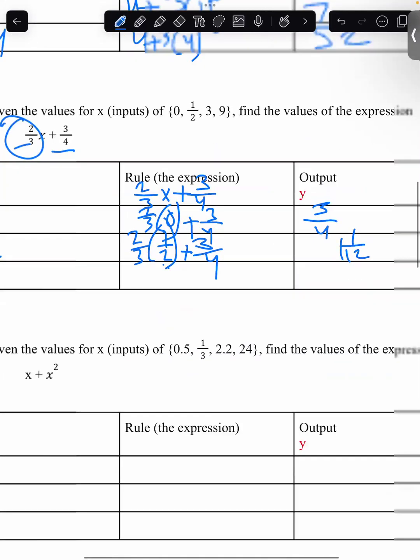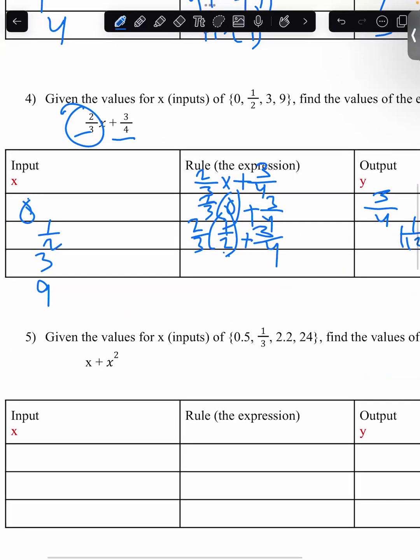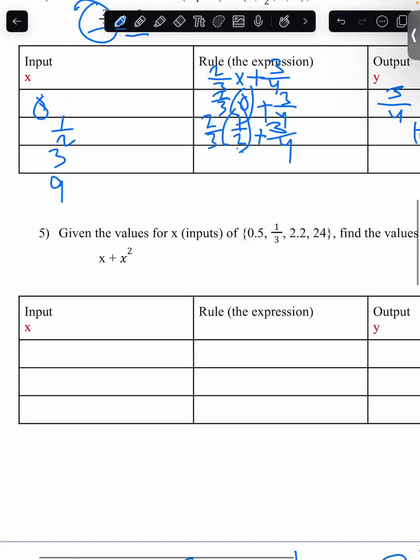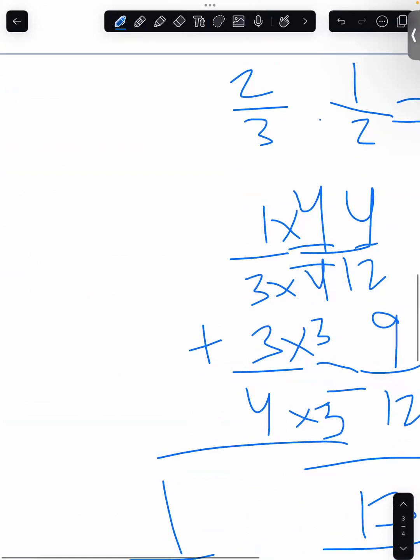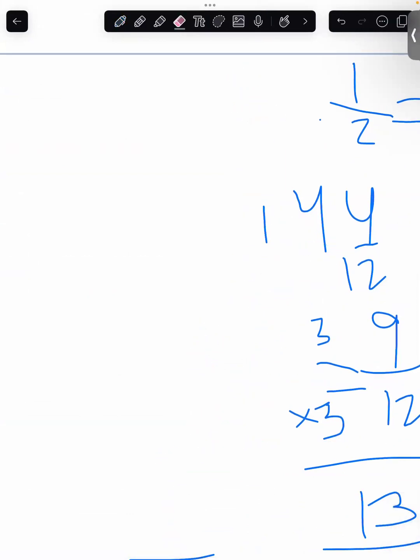All right, so next one we have 3. Now this one actually is deceptively easy. So we got 2/3 times 3 plus 3/4. We're just going to put the 3 over 1.